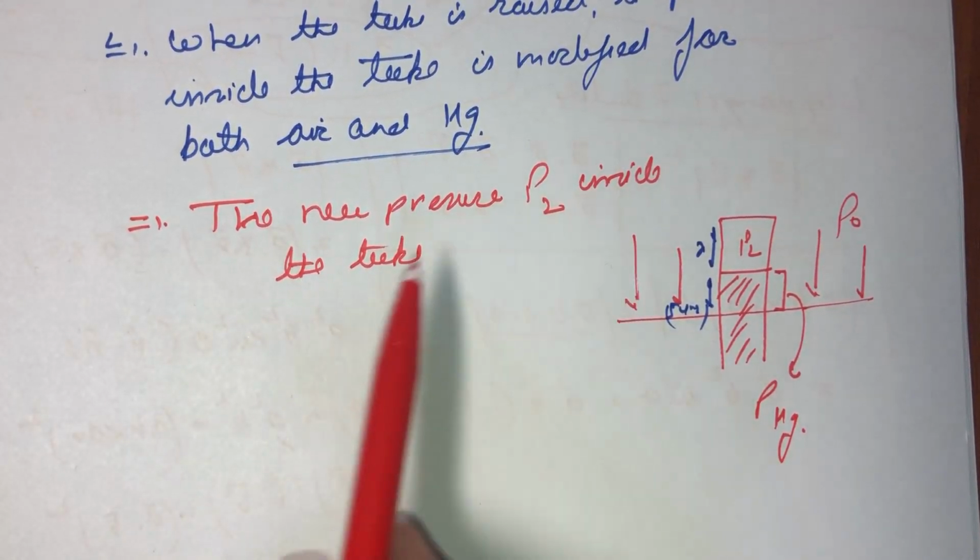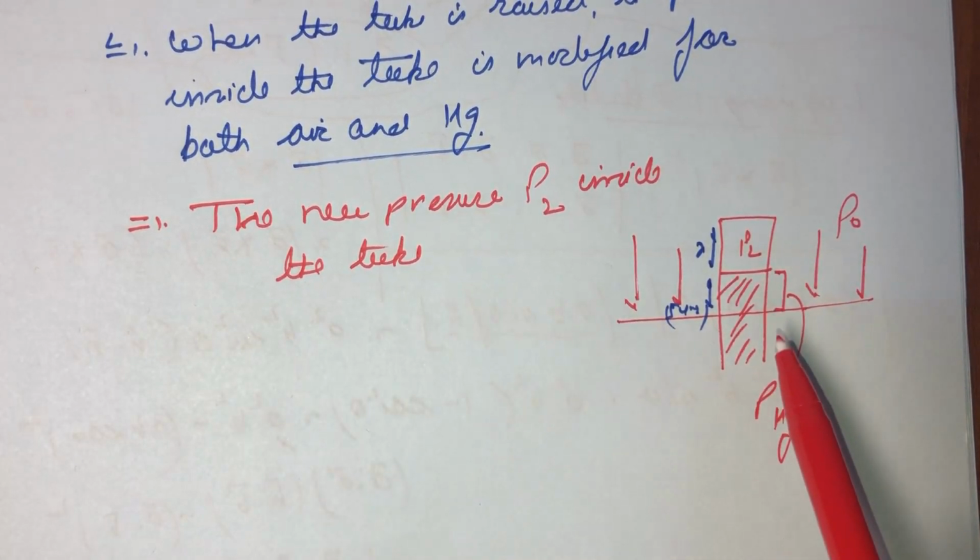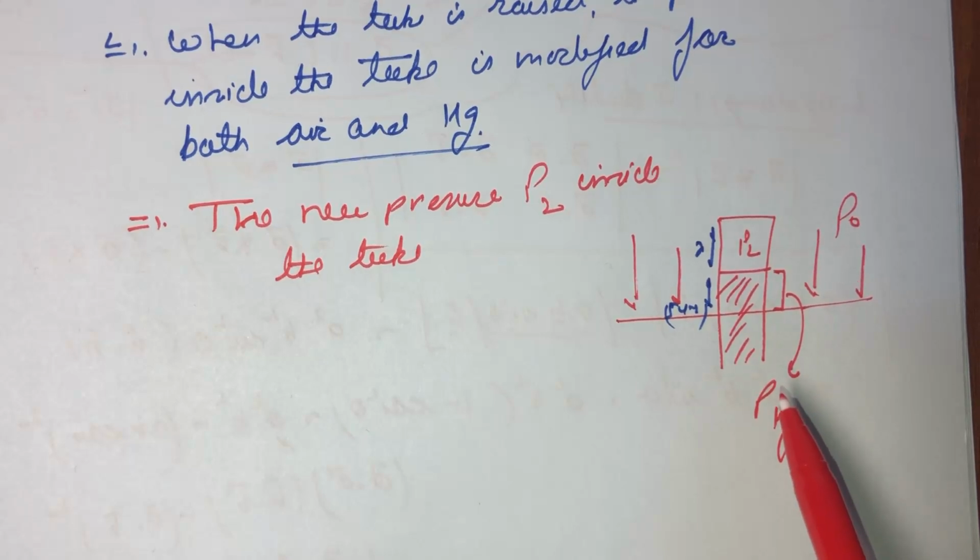So the new pressure inside the tube balances the atmospheric pressure and the pressure due to the mercury.